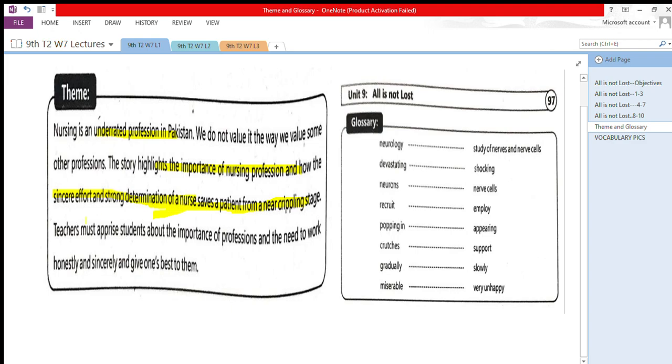Teachers must apprise students about the importance of professions and the need to work honestly and sincerely and give one's best to them. So, what you learned from this lesson is, whatever profession you choose in your life, try to be the best version of yourself. Try to prove yourself.